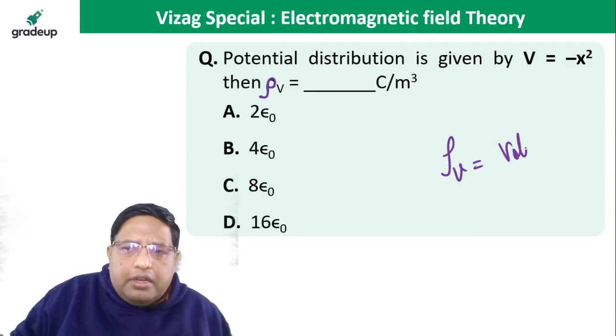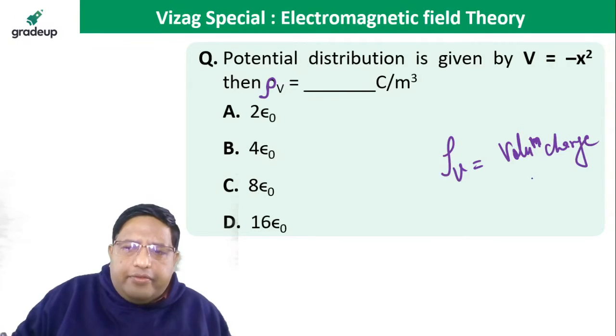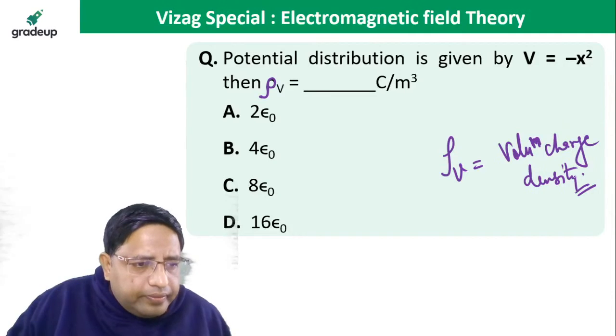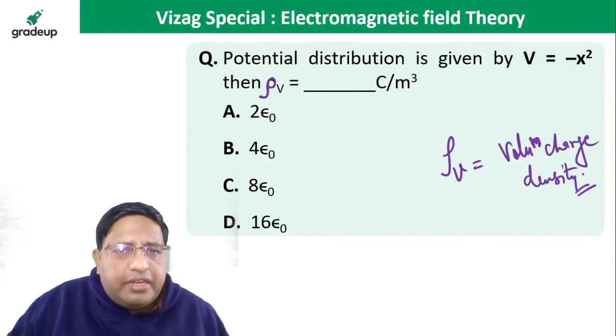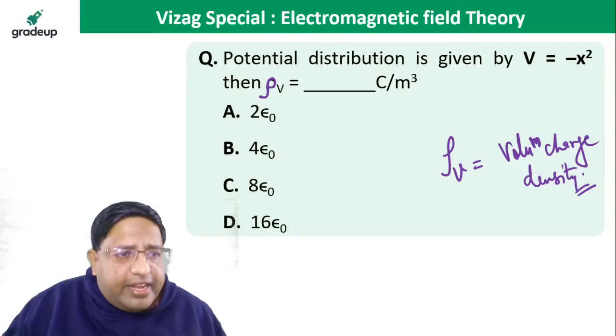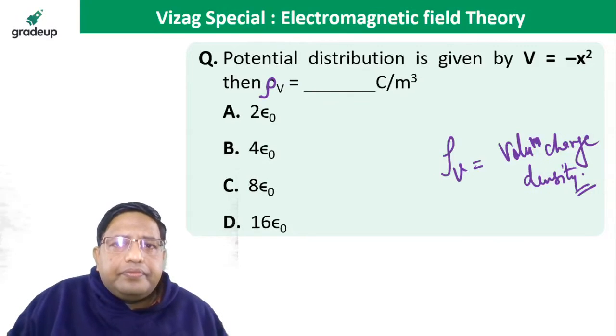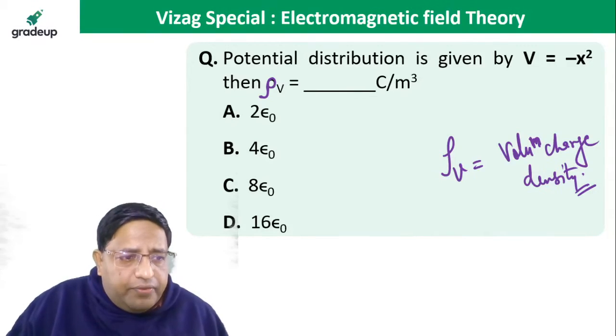Using the Poisson equation you can calculate the answer. Again, it is a very easy question. The potential distribution is given. You have to calculate the volume charge density.